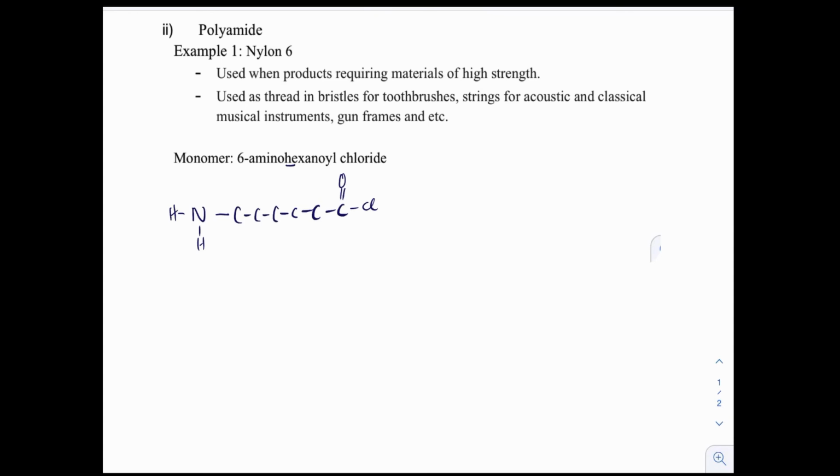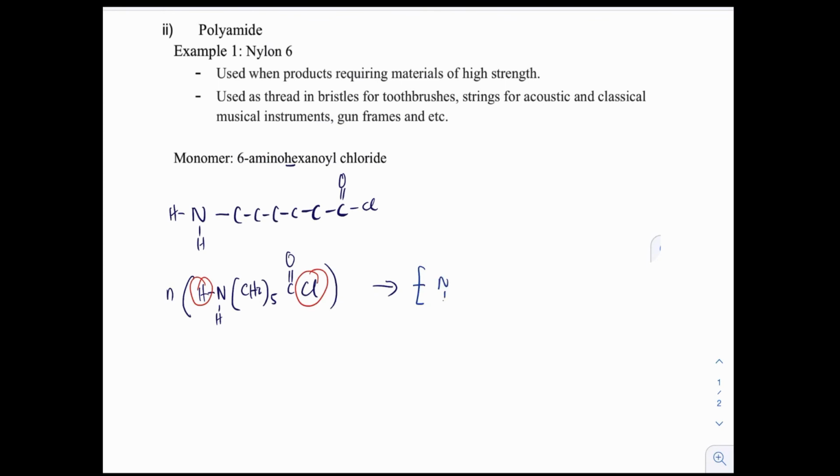We can actually condense the structure like this. It will be n mole of NH2 with 1, 2, 3, 4, 5 CH2 and a COCl. Alright, so therefore we are going to remove the H from the amine and the Cl from the acyl chloride.